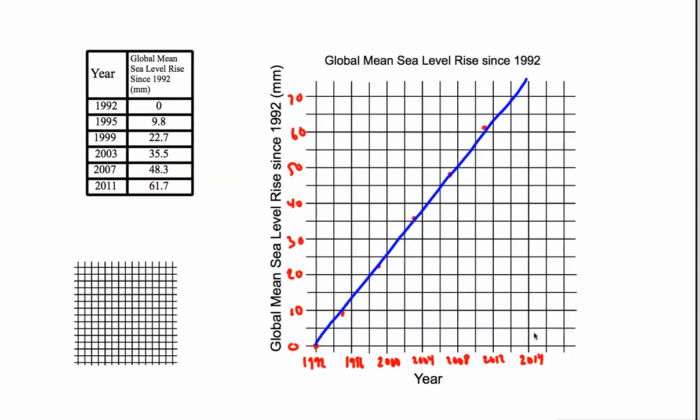For our graph, I want to show you one neat thing that we can do with the graph, and that's to extrapolate. That is to figure out something beyond the data we took.